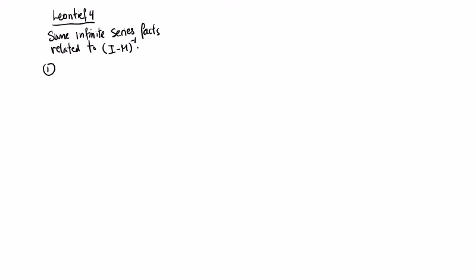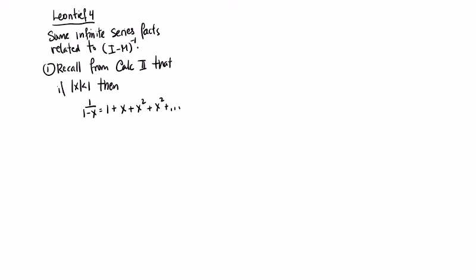So, first thing, recall from calculus, Calc 2 specifically. This is typically where this comes up. That if the absolute value of x is less than 1, then 1 over 1 minus x is this infinite series, or infinite sum if you prefer.